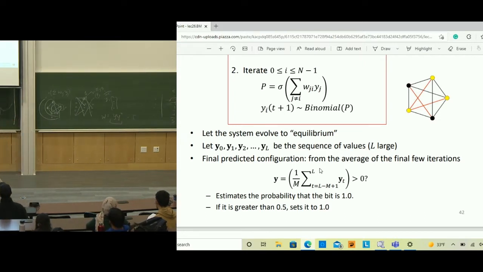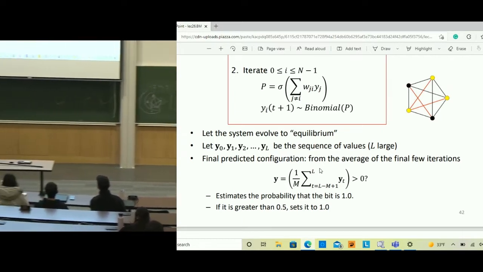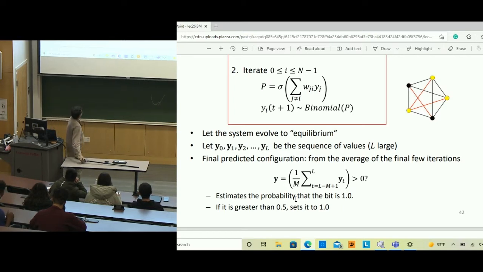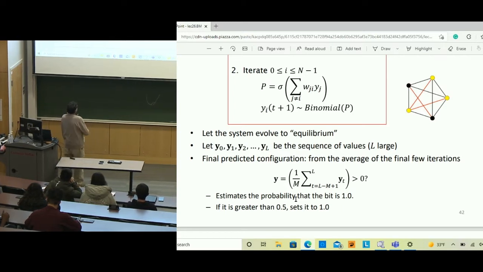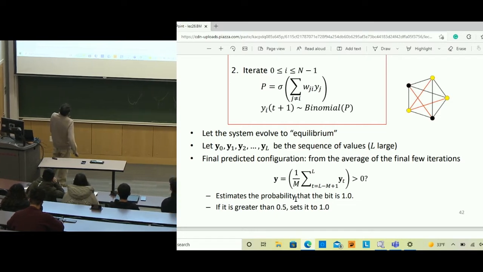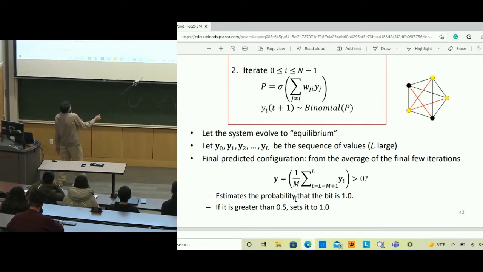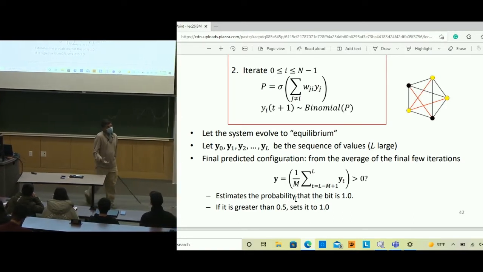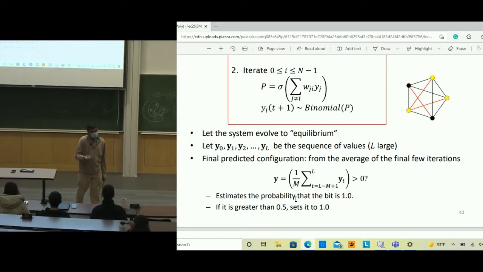So all of this ends up looking like your regular MLP all over again, if you actually look at what's happening over here. Basically you let the system evolve, and let these be the final sequence of values. You take the trailing end of the sequence of updates and find the average of all of these. The average is going to be some number between 0 and 1 for every bit.